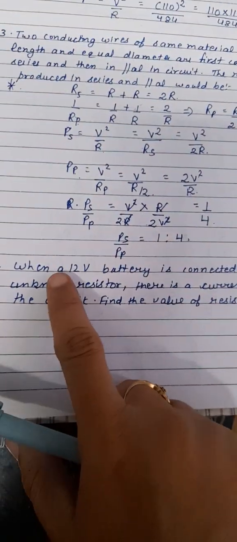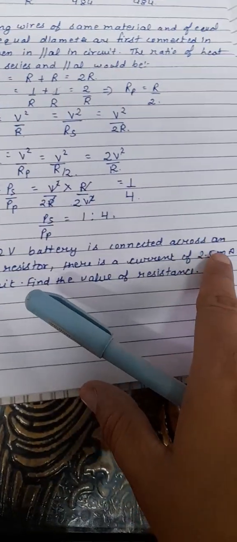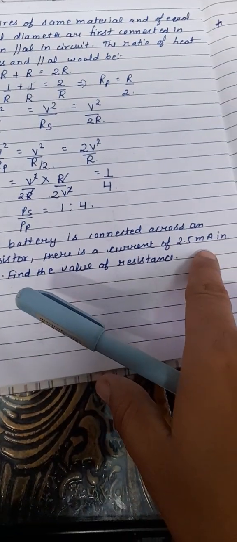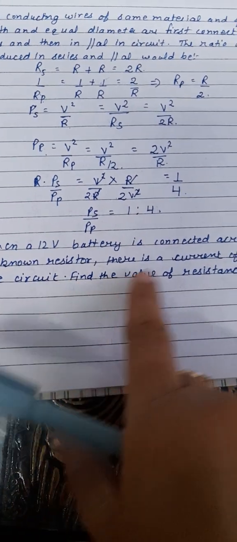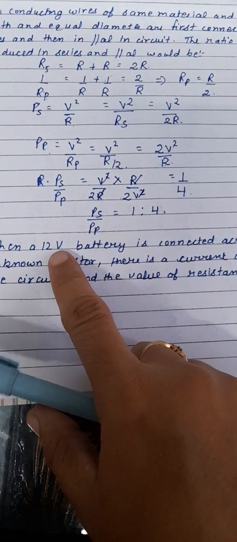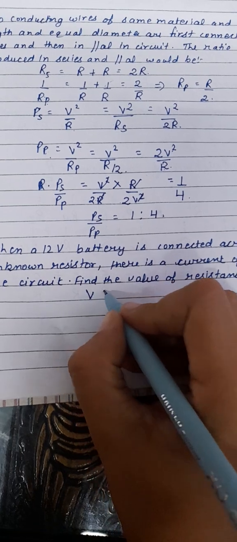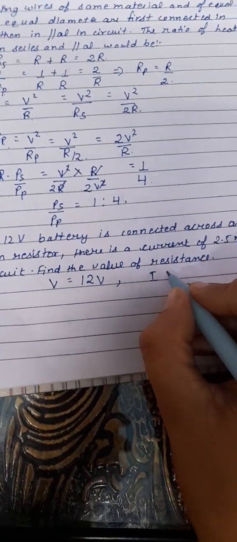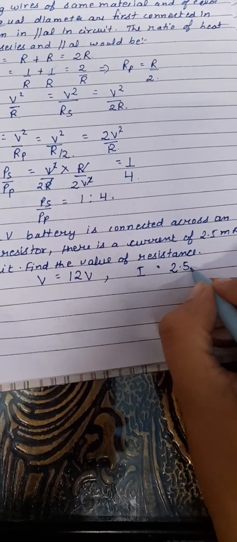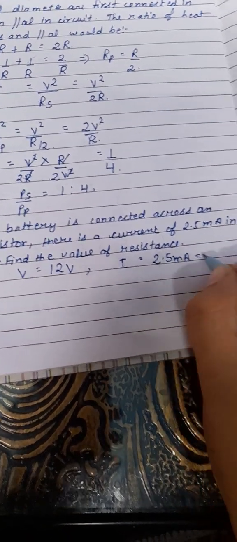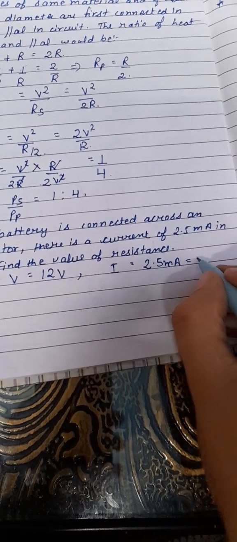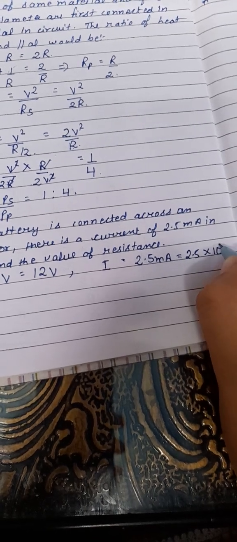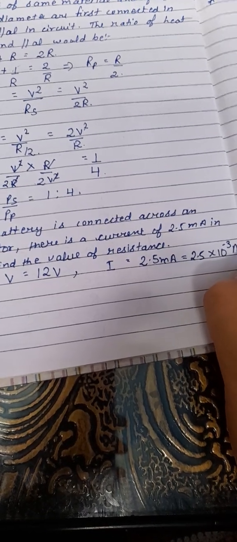Next is: when a 12 volt battery is connected across an unknown resistor, there is a current of 2.5 milliampere in the circuit. Find the value of resistance. First, you are given voltage, that is 12 volt. Next, you are given current, that is 2.5 milliampere. First, you have to convert milli into ampere, for which we use 10 raised to power minus 3.